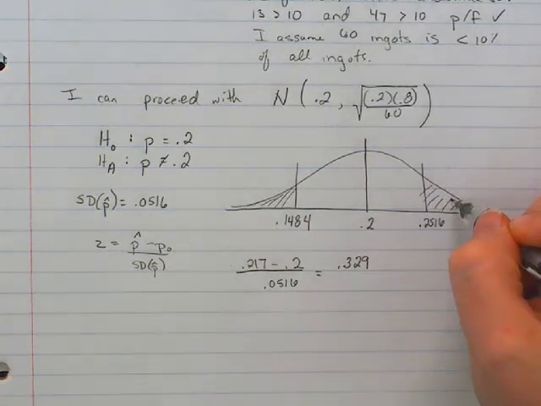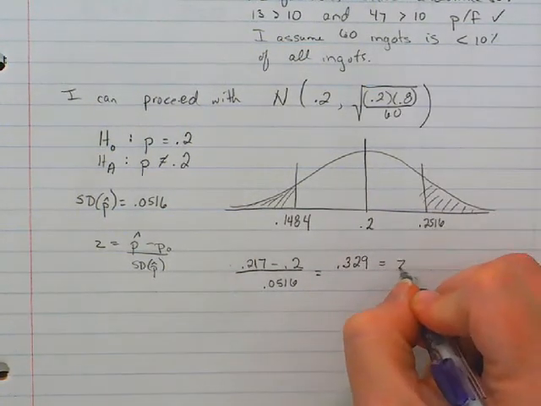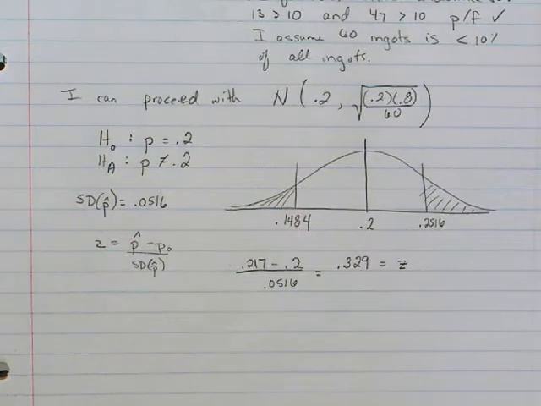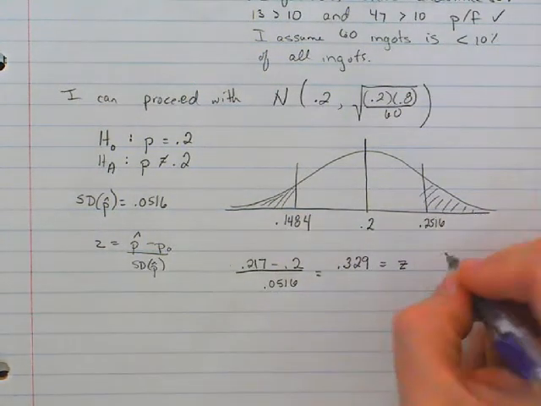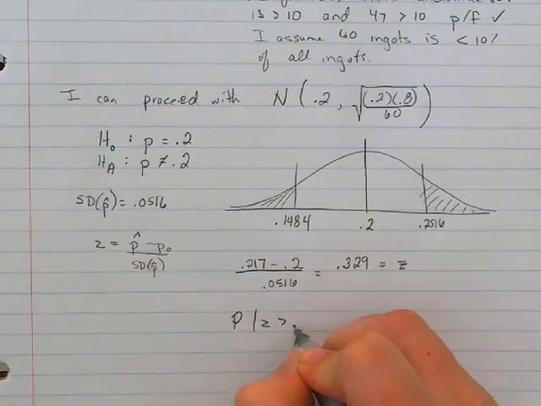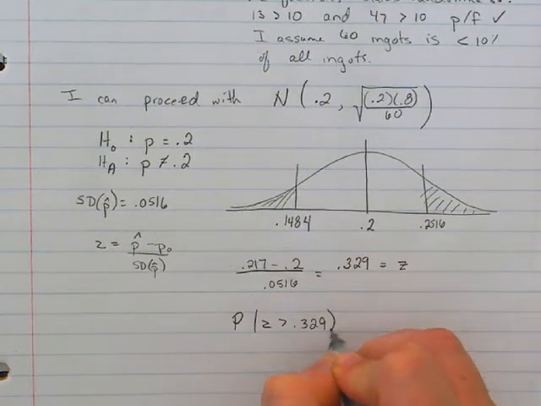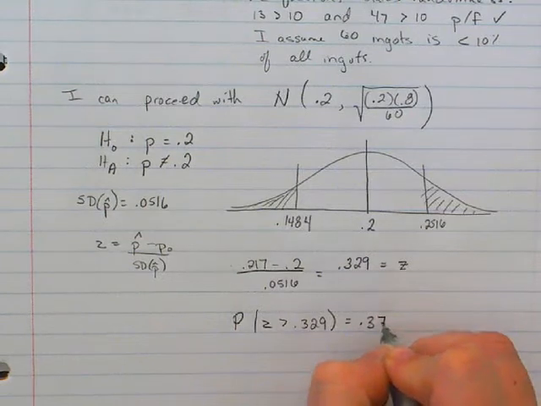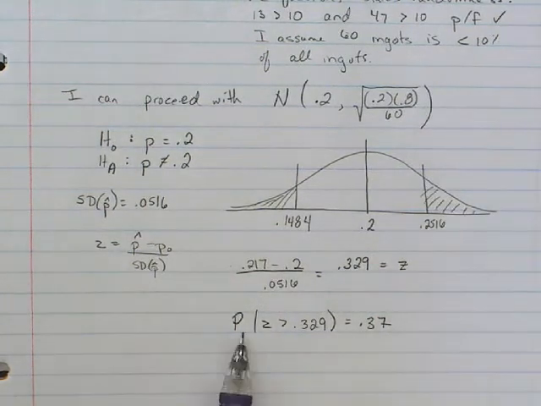Is 0.329 this probability? 0.329 is not this probability. 0.329 is our z-score. So what we would do is second VARS, normal CDF. We would go from 0.329 to infinity, or 10 to the 99, with 0 and 1. And we get the actual probability that z is greater than 0.329 to be 0.37.